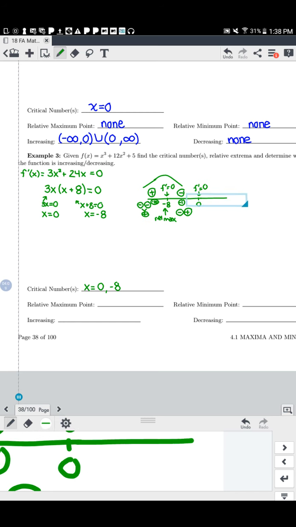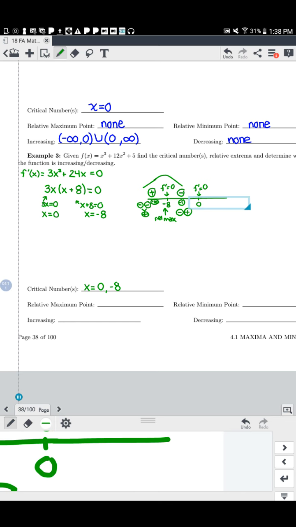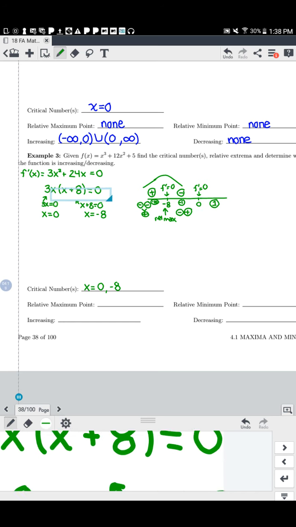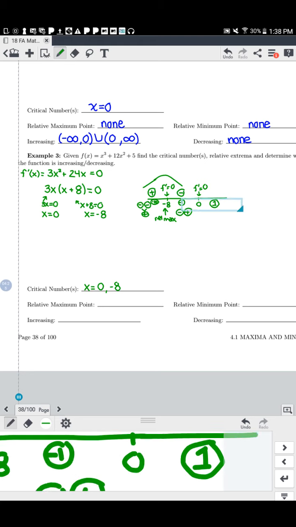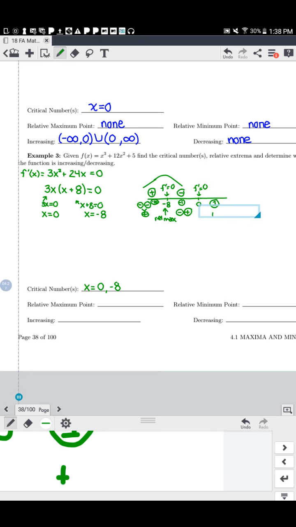Relative extrema can only happen at critical numbers. After 0, I could plug in anything I wanted to. Maybe you want to plug in 10. I'm just going to plug in 1. And I'm going to see the sign of it. So plugging into the derivative always on a sign chart. So plugging into my derivative here, 3 times 1 is 3, so that's positive. And then I have 1 plus 8, which is positive as well.